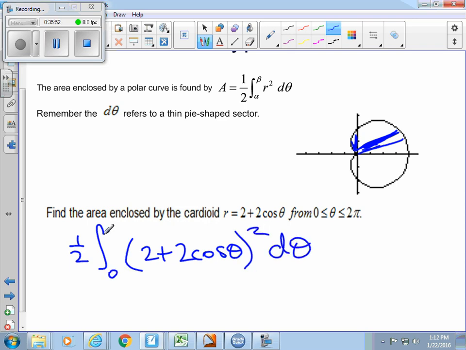This one tells me the endpoints. As you can imagine, one of the difficulties will be finding those endpoints if it doesn't tell us the endpoints, and that's where polar graphing comes into play, both calculator and non-calculator. That's how you do that. That is the area of that polar graph.